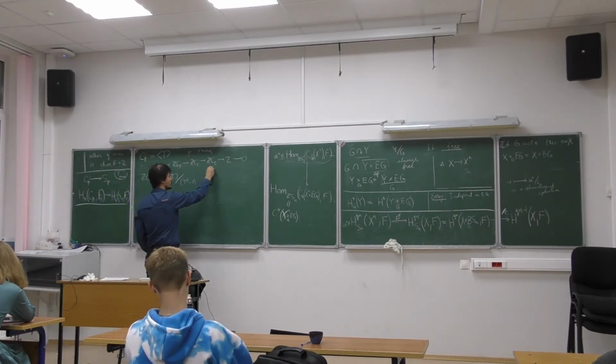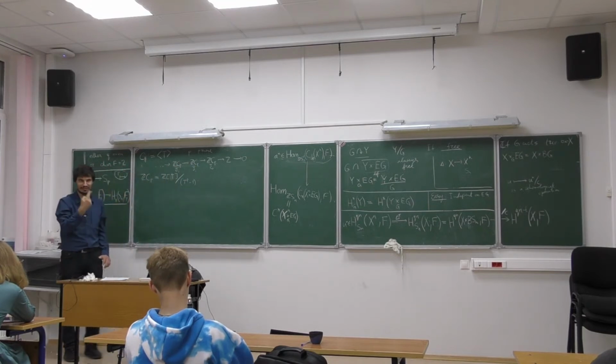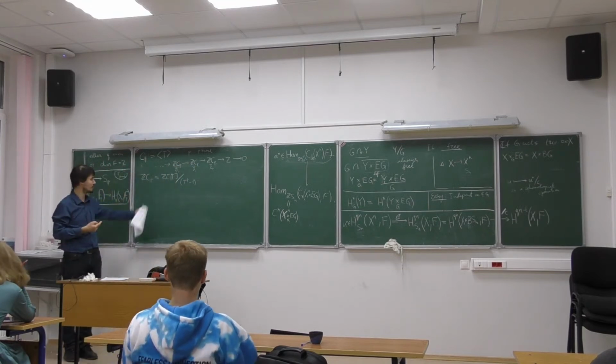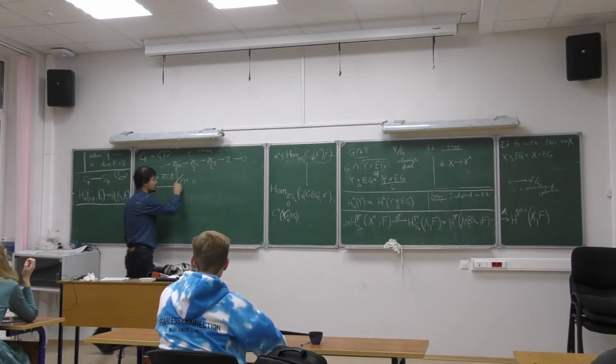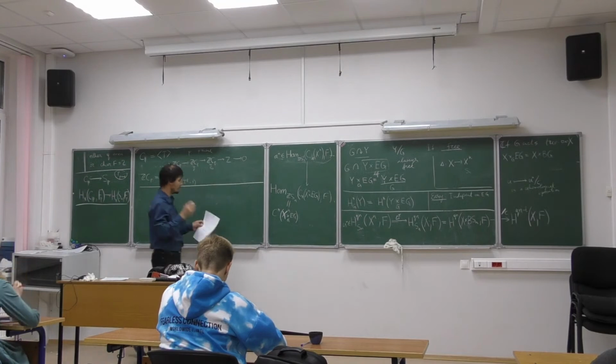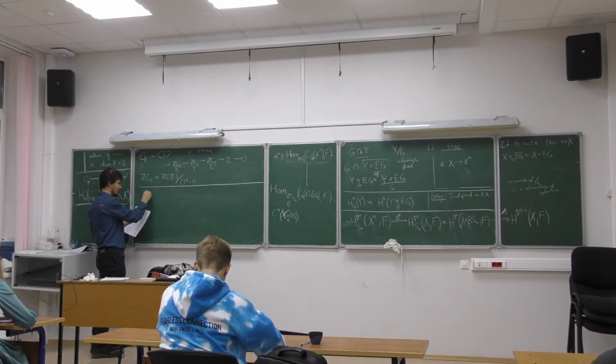So these are e0, e1, just generators, one generator for each free module over this ring. And the boundary operators are written as follows.